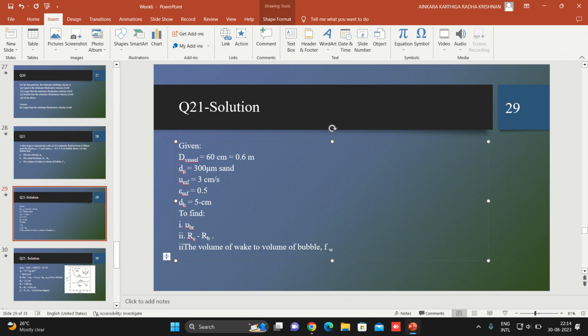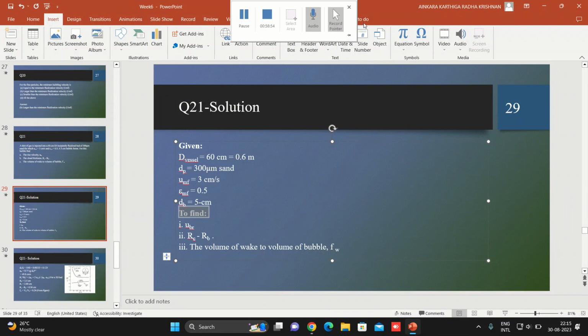And the volume fraction of wake, that is the volume of wake to volume of bubble, FW. We have the given conditions, and what we need to find is mentioned over here.